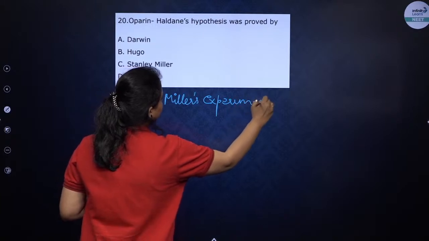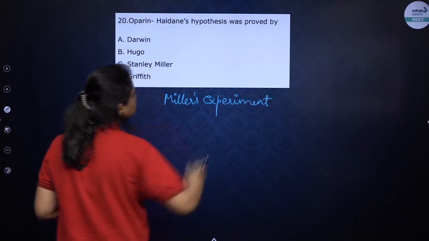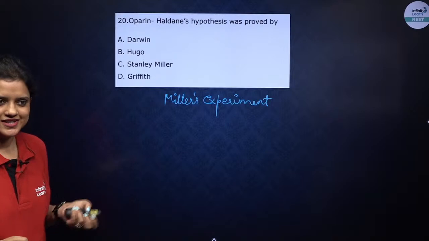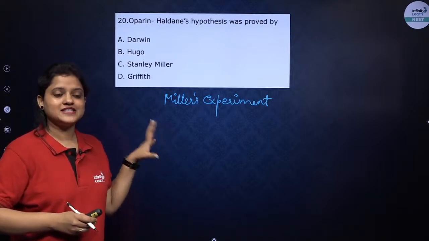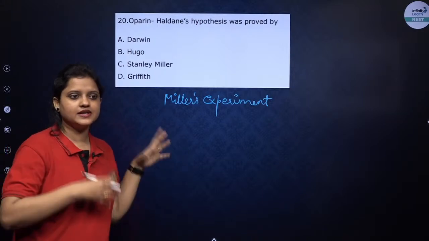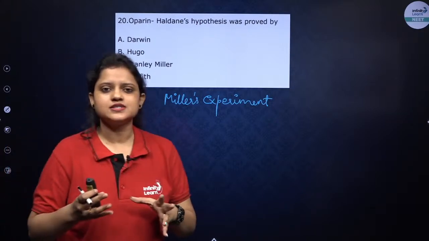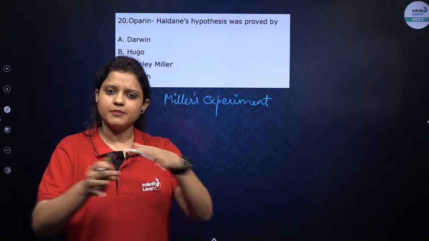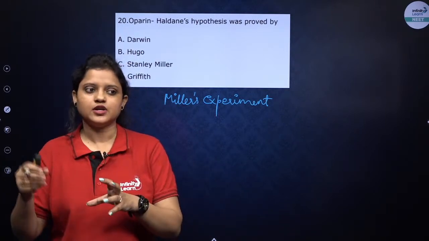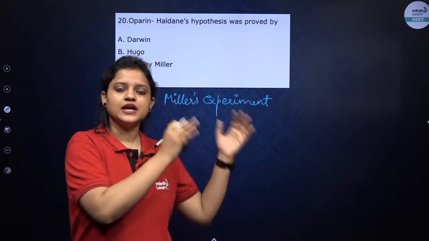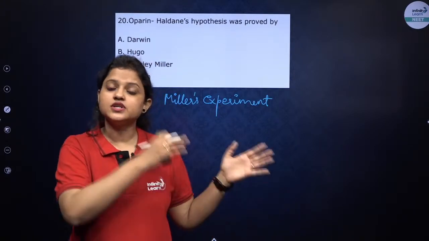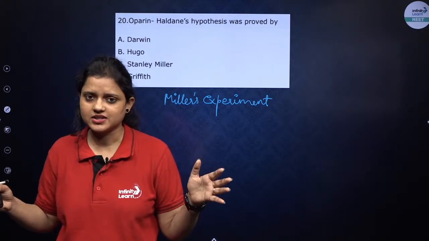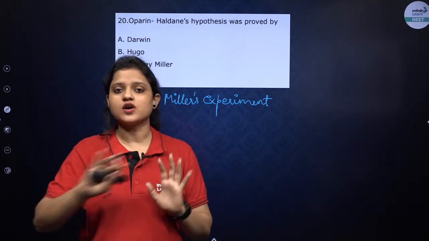I will tell you about every question that is asked from Miller's experiment. Okay, what did Stanley Miller do? In his laboratory, he tried to repeat the environment of the primitive earth, which was a reducing environment, right? We had hydrogen, but there was no oxygen.